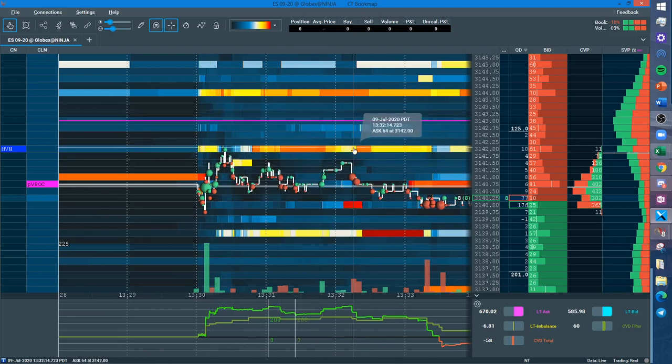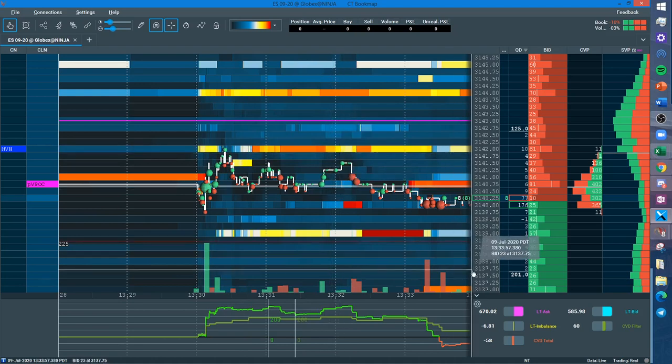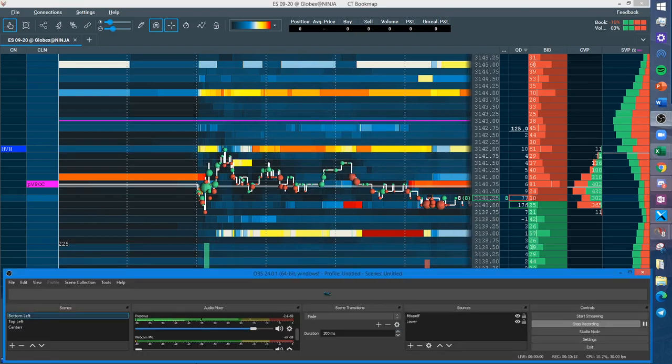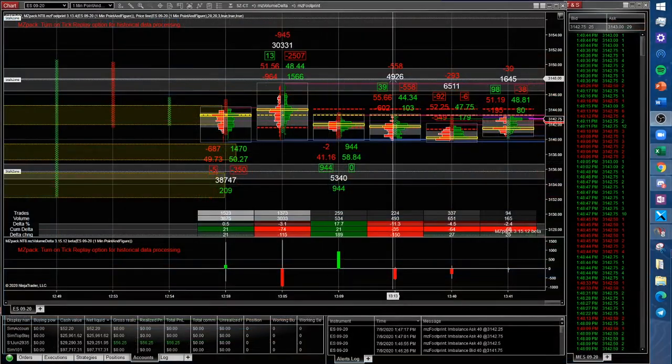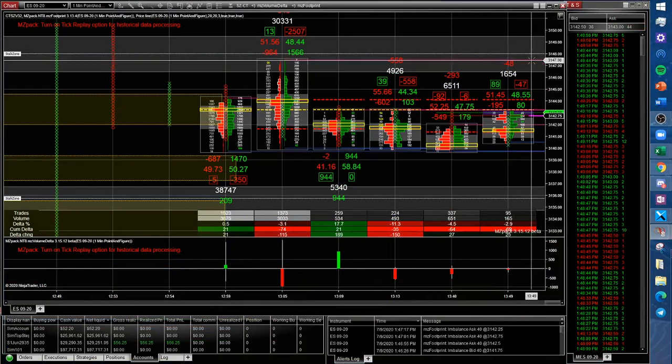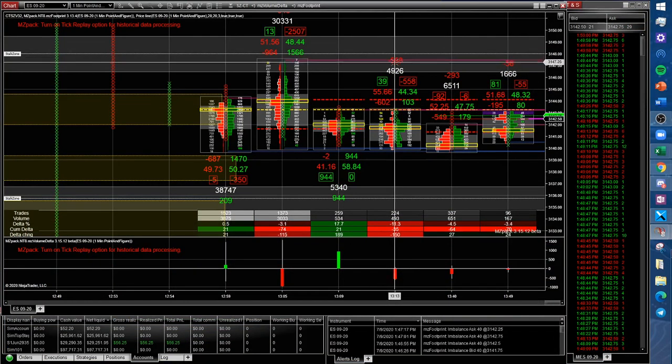And in order for that high liquidity to get broken through, you need a lot of volume. So what I'm looking at again is the delta on these bars, and who is really trying to press it home.